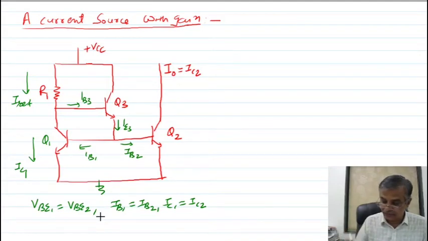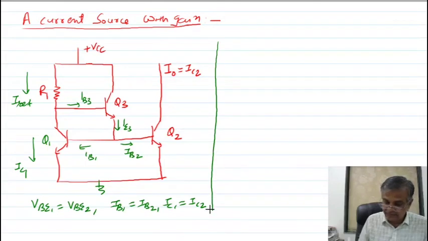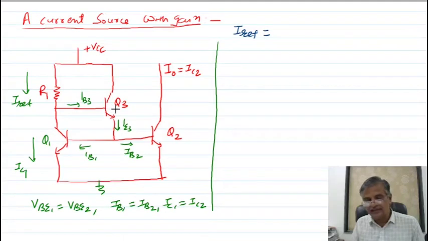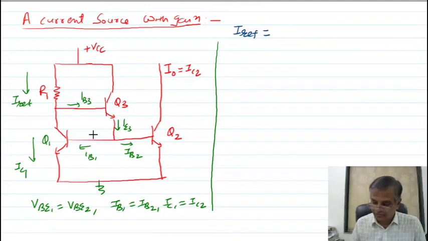Alright. Now let us find the value of I reference. What is I reference? I can see from the circuit. In this current source with gain, Q3 is added in the circuit, and the emitter current I3 of Q3 provides the base current to transistors Q1 and Q2.